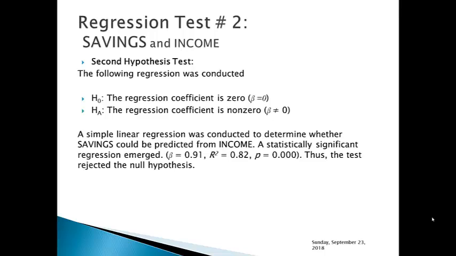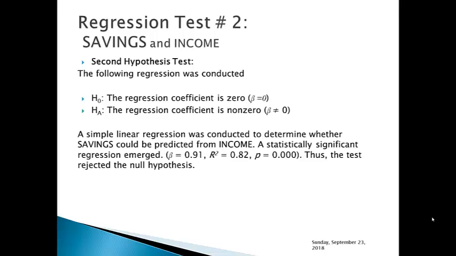The second regression test was between savings and income. The following regression was conducted, and the null hypothesis indicated that the regression coefficient is 0, that's beta is equal to 0, and the alternate hypothesis states that the regression coefficient is non-zero, beta is not equal to 0.